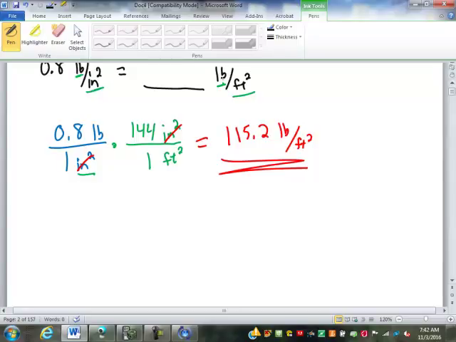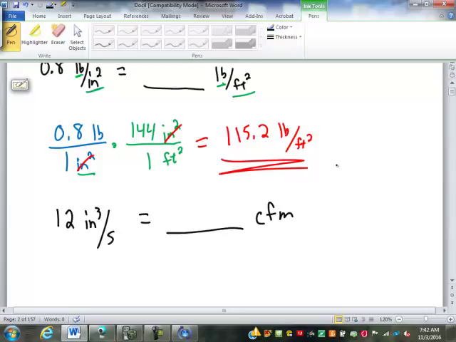You might have a pump that is rated as pumping 12 cubic inches per second. I need to convert that over to CFM.